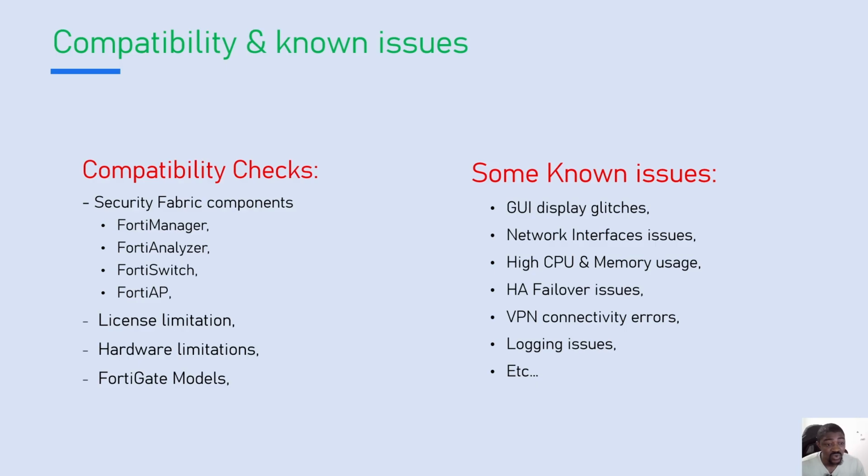Other limitations are related to hardware. Maybe there are some updates that require your FortiGate device to have 4 gig of RAM or some amount of CPU. If your FortiGate does not have those hardware resources, you will not be able to perform the upgrade.